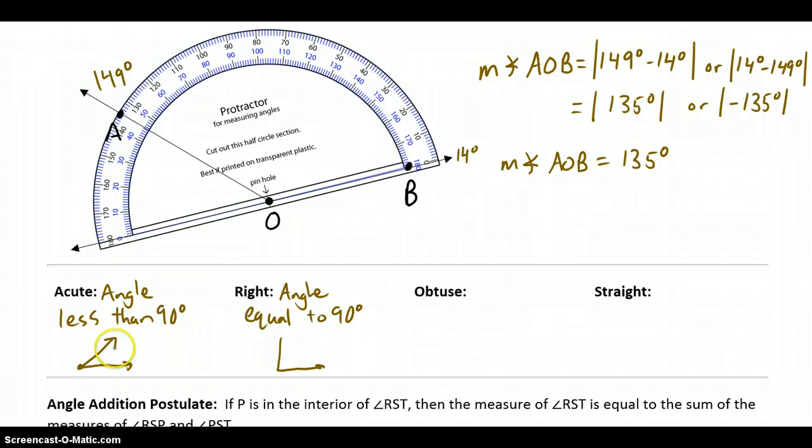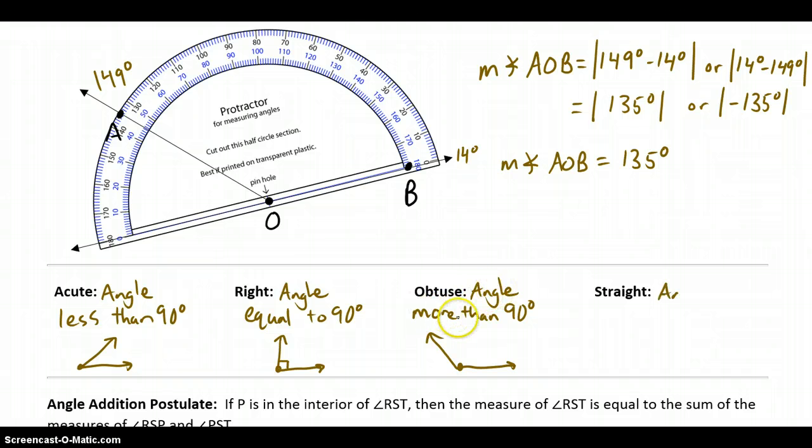The symbol for a right angle is a little box in the vertex of the angle. An obtuse angle has a measure more than 90 degrees. Obtuse is the bigger angle.